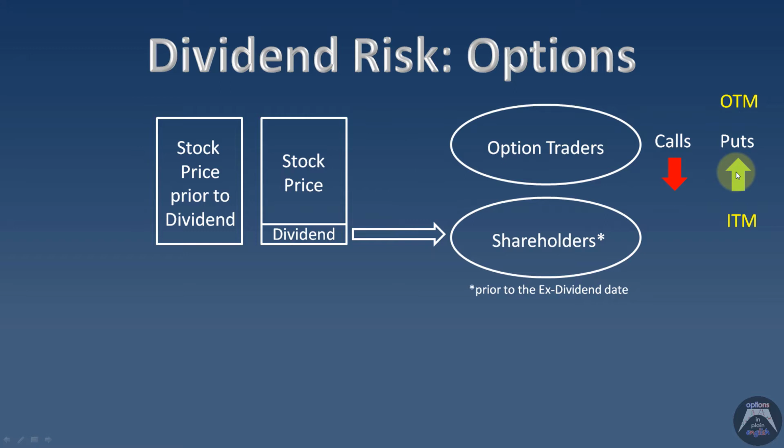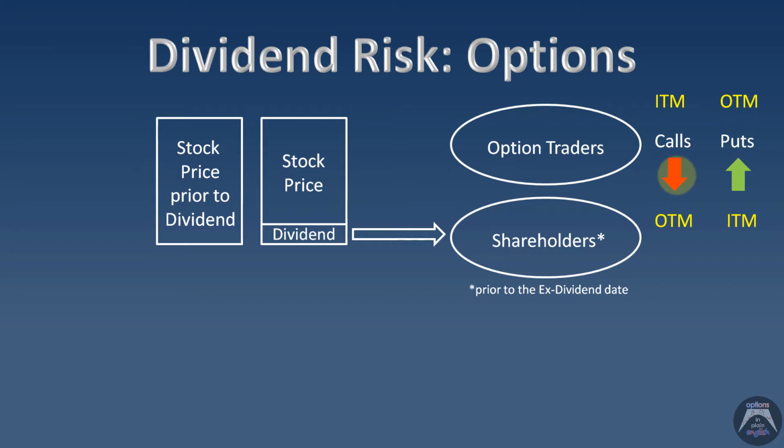Since there's a dividend coming up, you used to have shares and now you don't have shares anymore. So a put would not be the ideal vehicle to take advantage of the dividend. Neither out of the money nor in the money puts are going to be involved in early exercising of options.